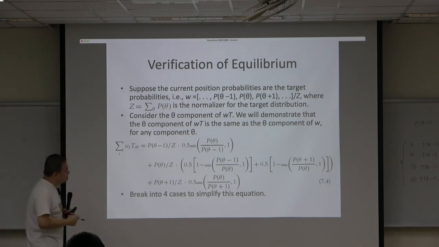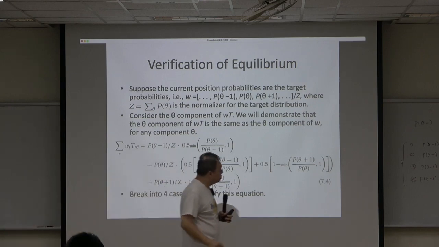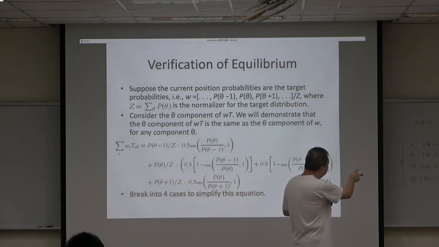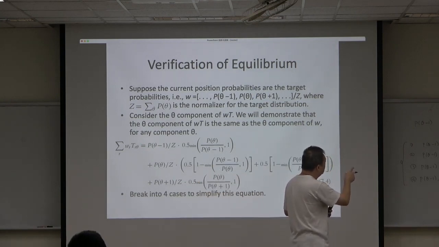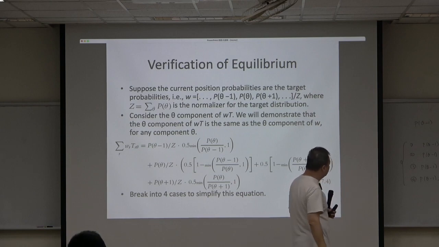The second case is that your p theta is the largest. Both p theta minus 1 and p theta plus 1 are smaller than p theta.